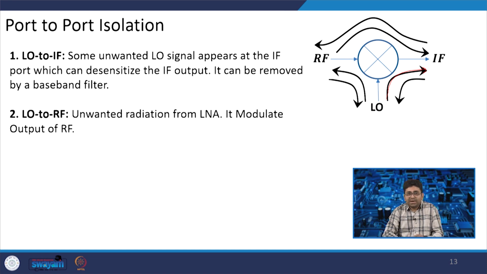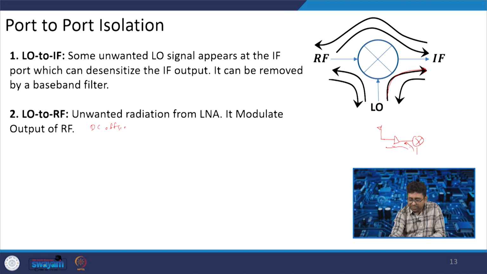LO to RF feed through is also very important. Because there is an LNA and then the mixer, unwanted radiation will occur into the LNA, and another problem of DC offset will also be generated because of this, because the same signal comes back.